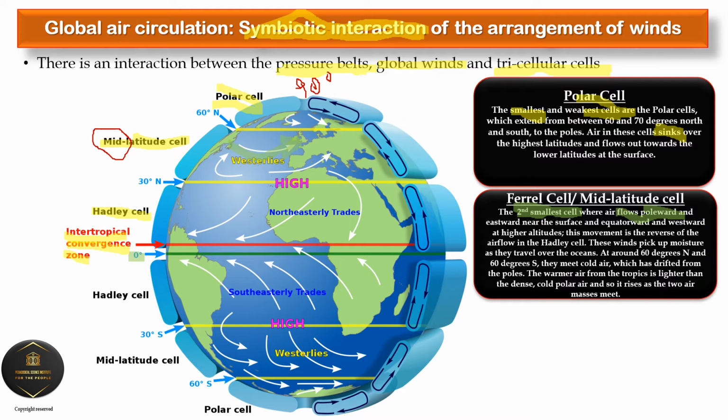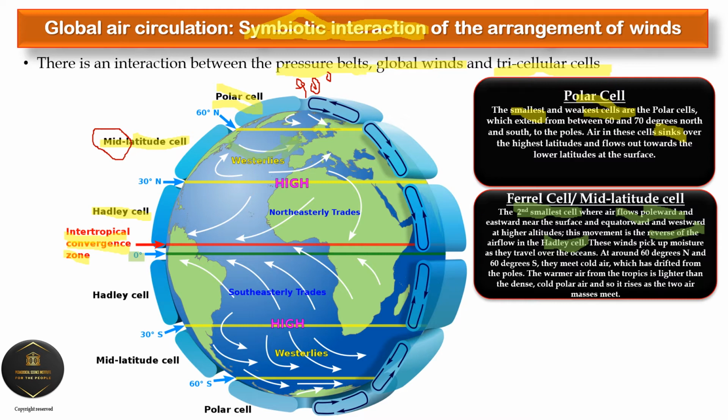For now, you must just remember we have the mid-latitude cell, where air flows polewards, and you must also take note that the movement of air in this cell is the reverse of what will happen in a Hadley cell, right? So since air flows poleward, it means in a Hadley cell air flows towards the equatorial region.